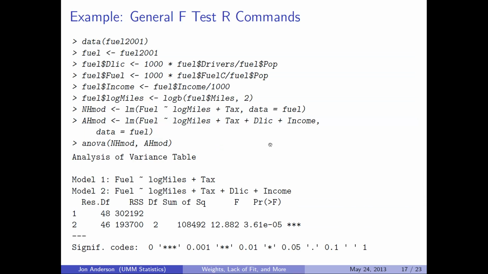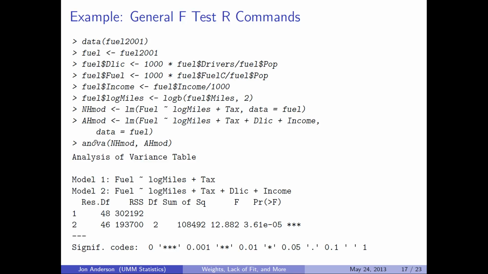Here's a data example from our fuel consumption study, Fuel 2001, that we've looked at previously. I am creating a null hypothesis model here in NHMOD that explains fuel consumption per person in terms of log highway miles and tax, and a bigger alternative hypothesis model that explains fuel consumption per person in terms of those variables, log mileage and tax, plus the additional variables, DLIC and income.